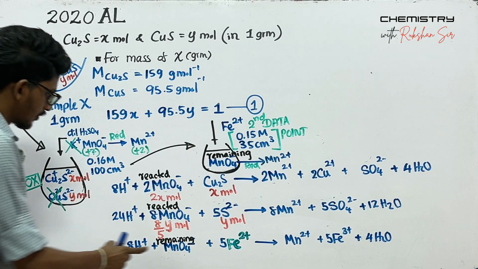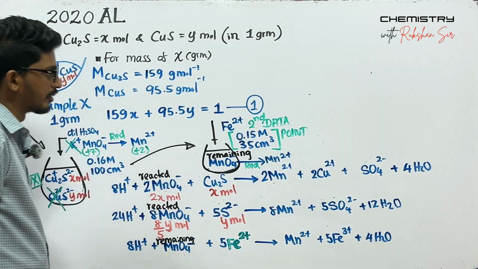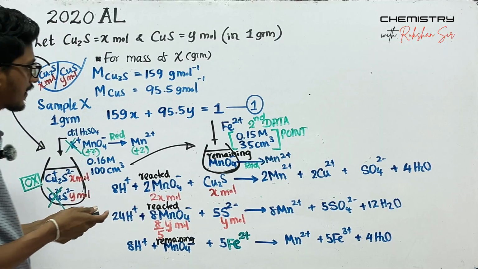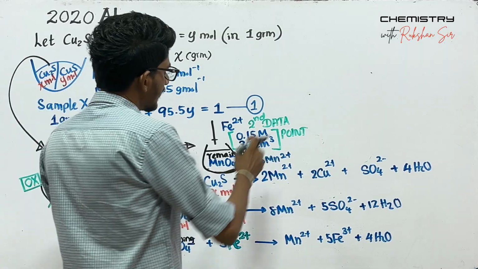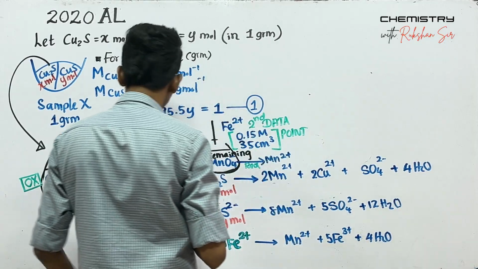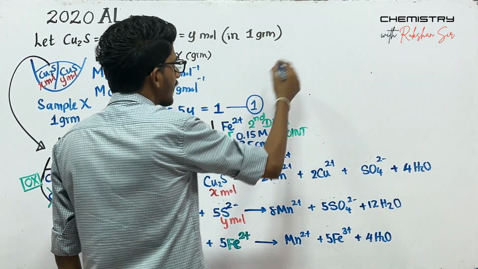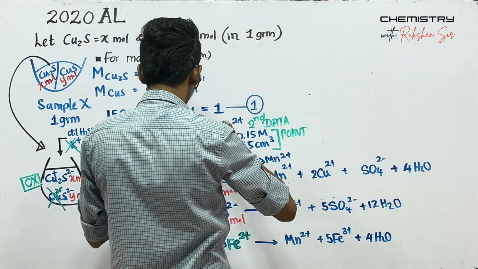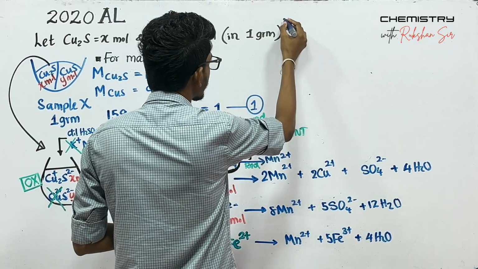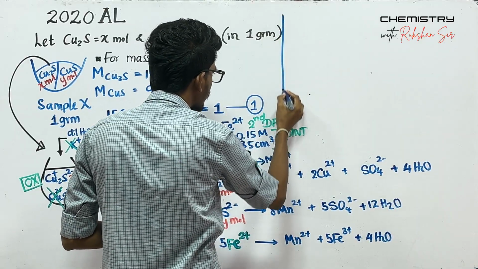Okay. So for the remaining amount of MnO4 minus, I write it here. The total amount first of all, right? So let's copy the total amount from here.